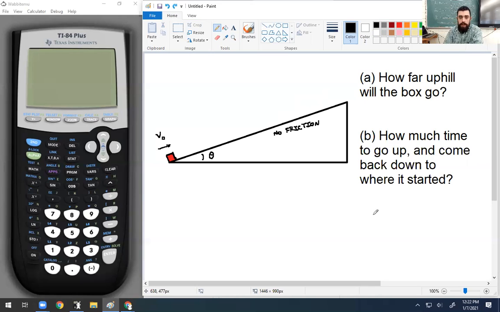All right, so if you're watching this as a video, pause at this point and see if you can figure it out. The answers are not going to be numbers. They are going to be letters. You're going to be using the letter v0, the letter theta, and the letter g.